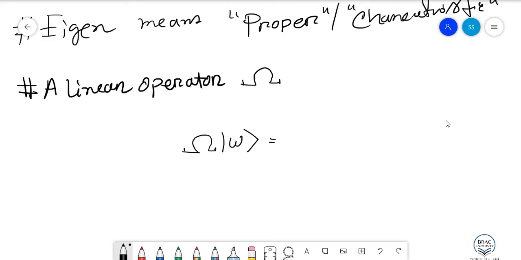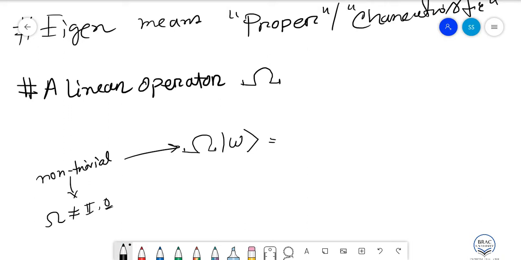And if this is a non-trivial operator, this means omega is not the identity operator or the zero operator. So this is a non-trivial operator.